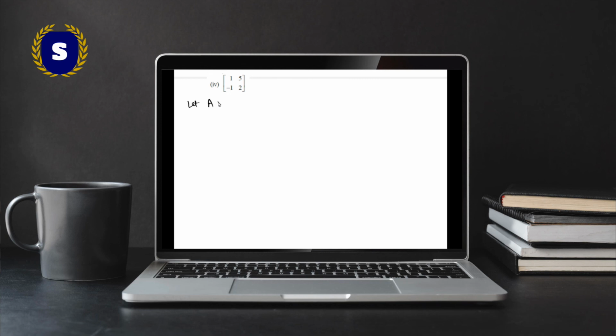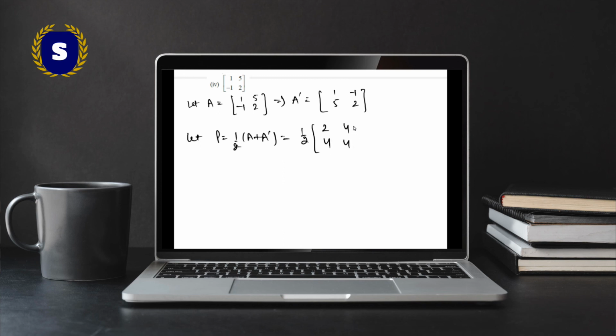Let matrix A is equal to 1, minus 1, 5, 2, and this will give A transpose matrix as 1, 5, minus 1, 2. Let P is equal to half of matrix A plus A transpose, that is half of 2, 4, 4, 4, which is equal to 1, 2, 2, 2.